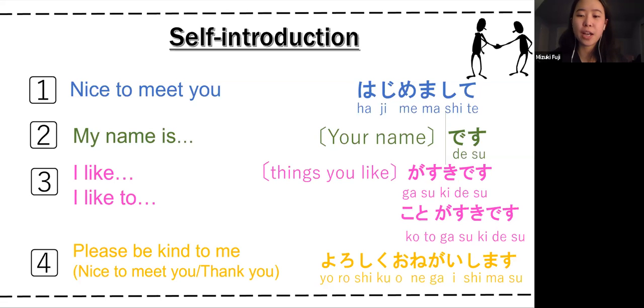I want you to try this self-introduction later. After you tell your name, you can tell whatever you want, like age, occupation, where you're from. But today we will share what we like or like to do in Japanese.